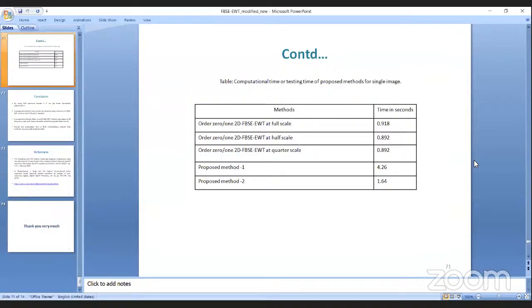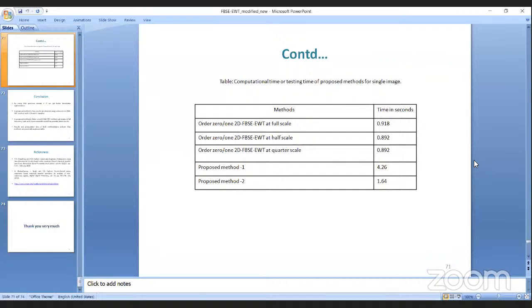And we have also computed the required time for the proposed methodology for a single image. This method has different parts, and we have seen that the computational complexity for the different parts is nearly in seconds. When you perform the order 0 two-dimensional FBSE DWT at full scale, it requires only 0.918 seconds.